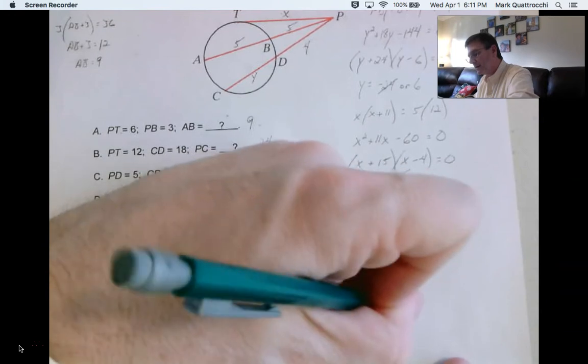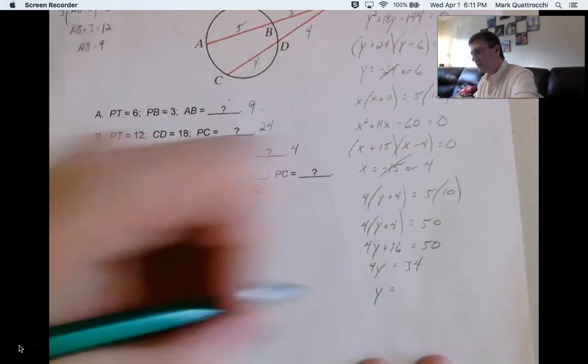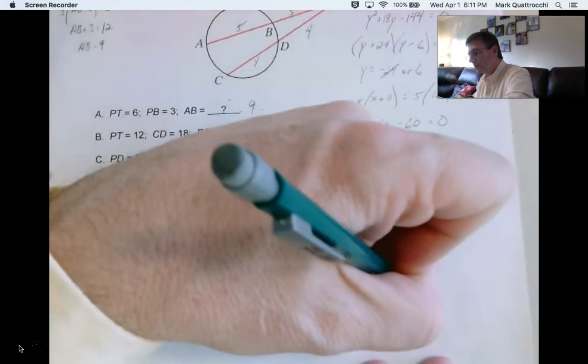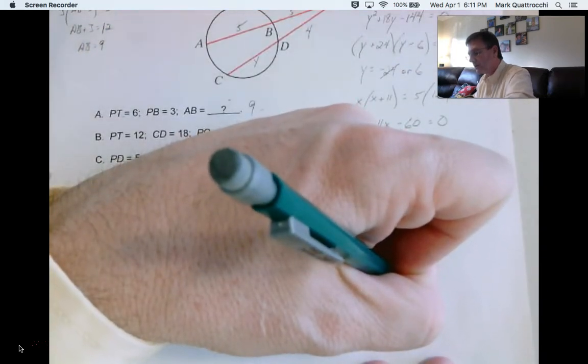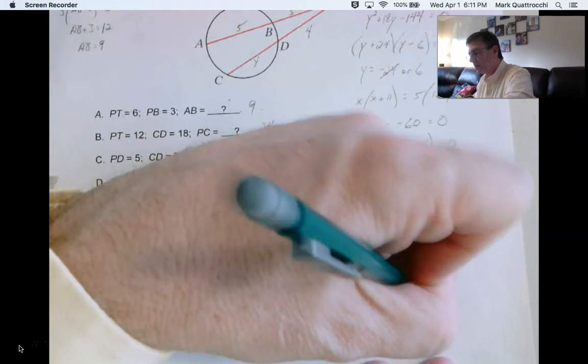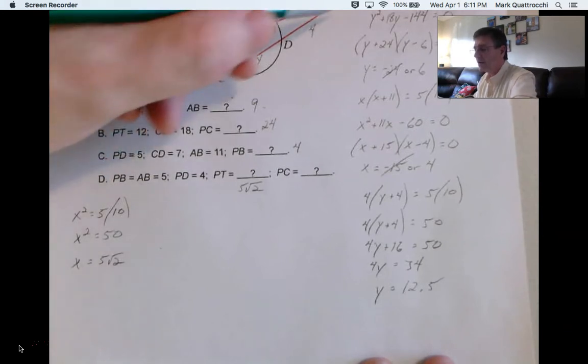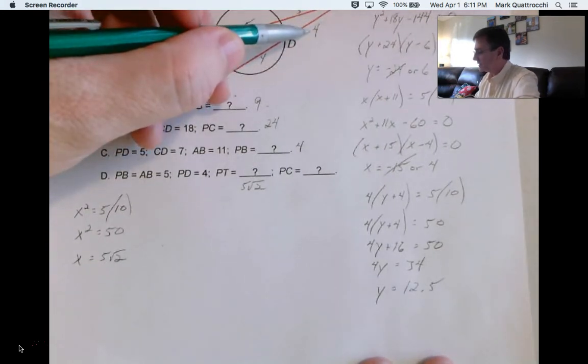So y equals 34 divided by 4, which is 8.5. So CD is 8.5. Add another 4, 12.5.